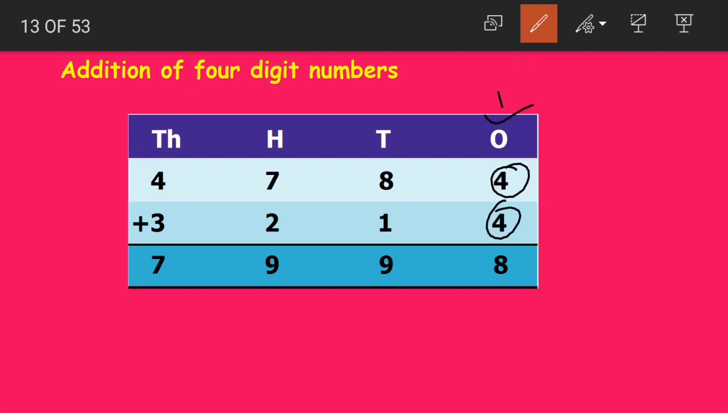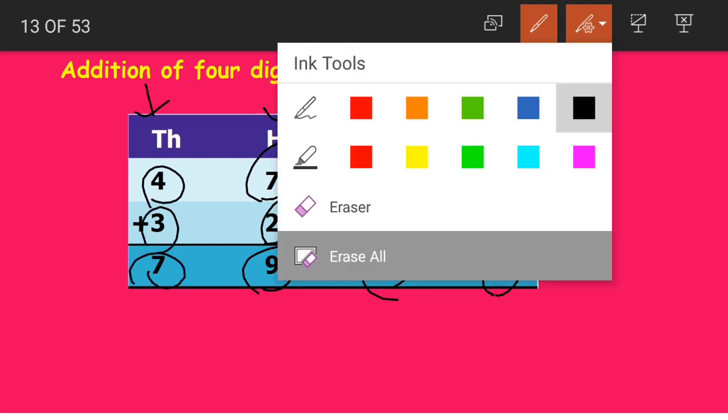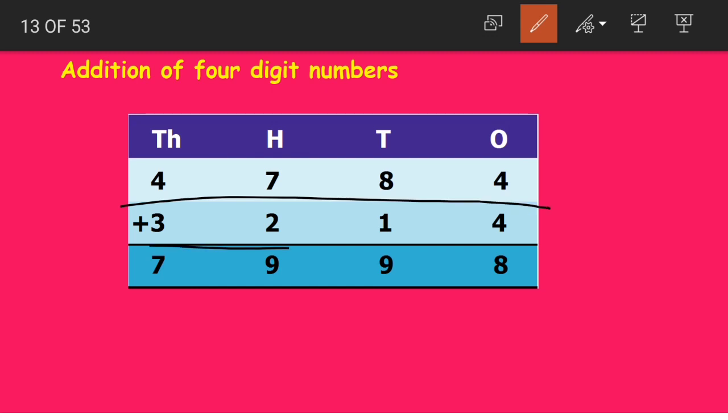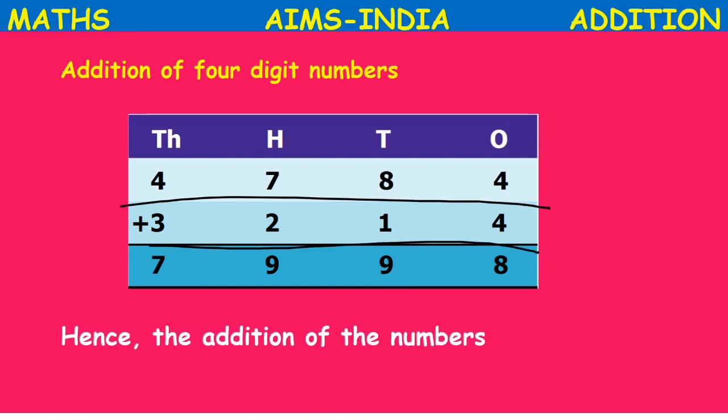4 plus 4 becomes 8, and then moving on to the tens place, 8 plus 1 becomes 9. Then we have the hundreds place, 7 plus 2 becomes 9, and the last place value is the thousands place. 4 plus 3 becomes 7. Okay children, just the number is big, but the addition is the same as what we have learned for 3-digit numbers.